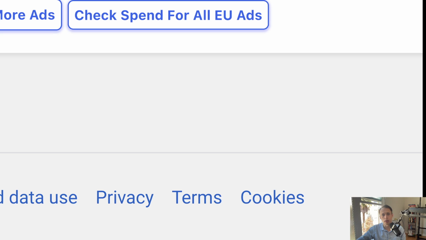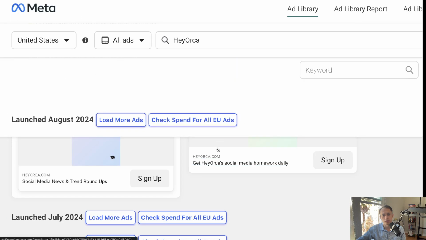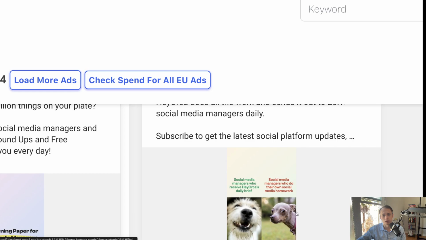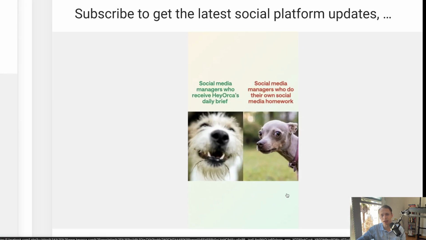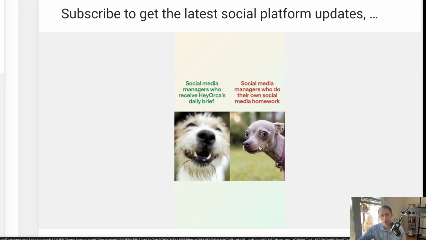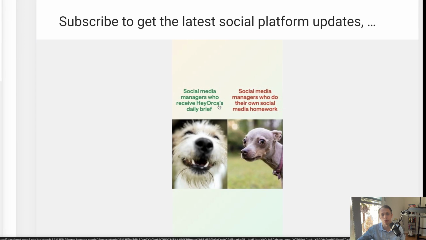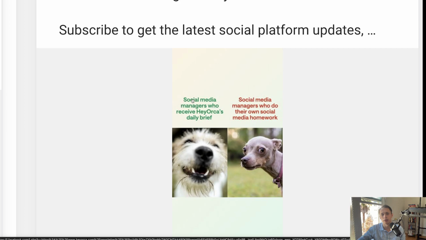The fourth ad creative type is kind of a meme actually, but it's mostly before and after, a funny version of before and after. What's good about this ad creative is that it really specifies the audience.